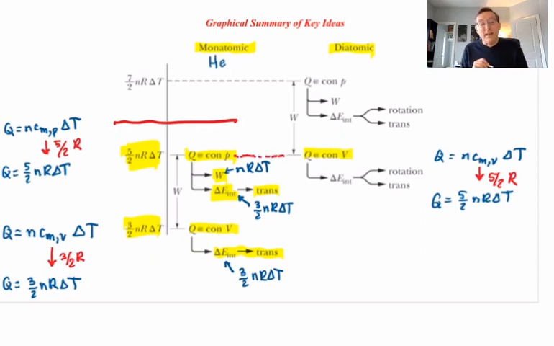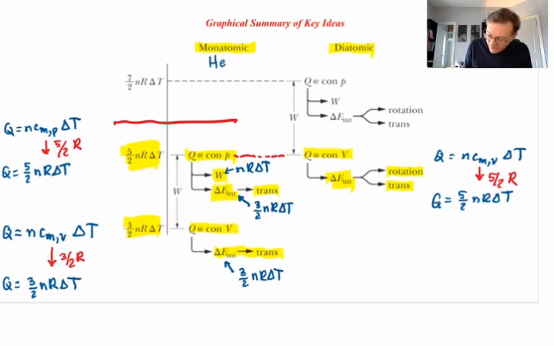Now, all of that energy as heat, Q, if V is constant, goes into increasing the internal energy. That in turn gets divided because it goes into increasing the energy due to translation of the molecules and due to rotation.